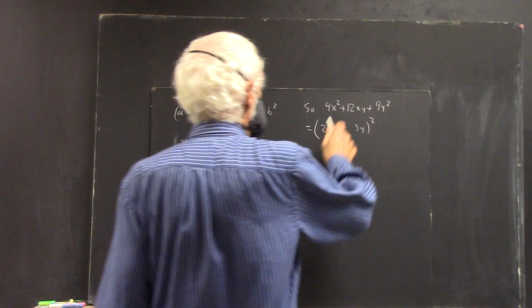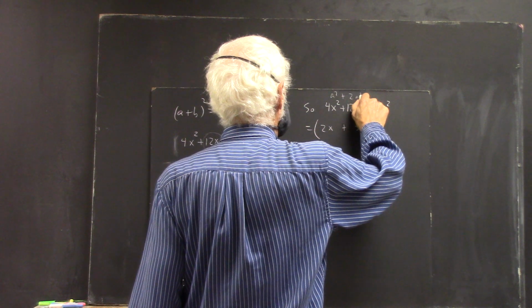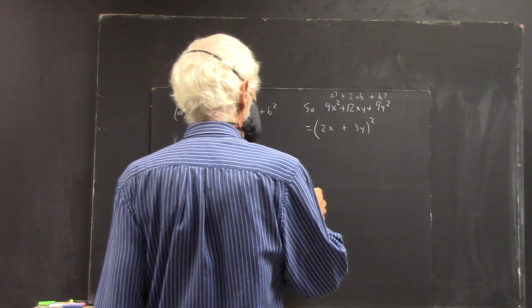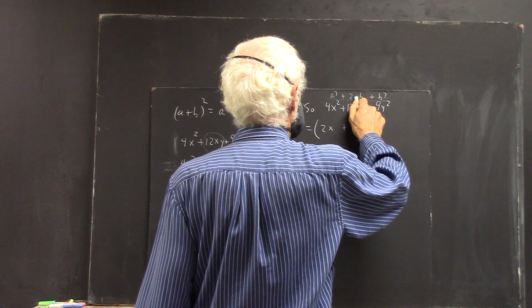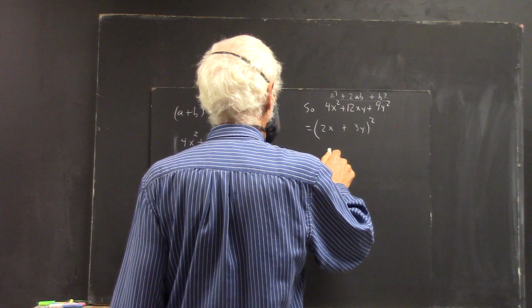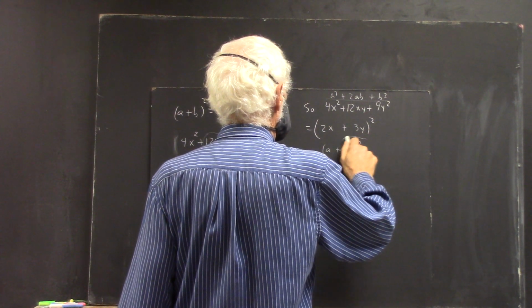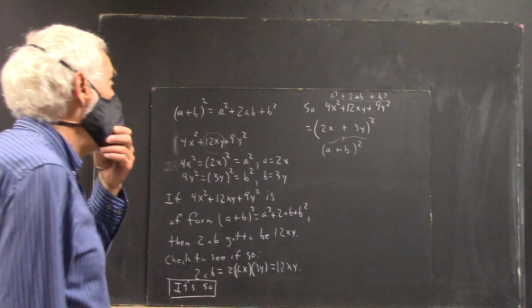In other words, this is a squared, this is 2ab, this is b squared. And this is a plus b quantity squared.